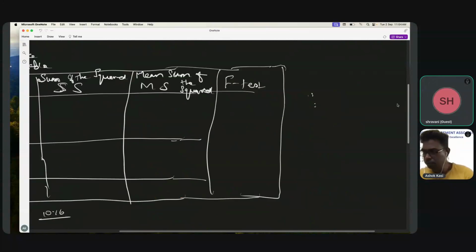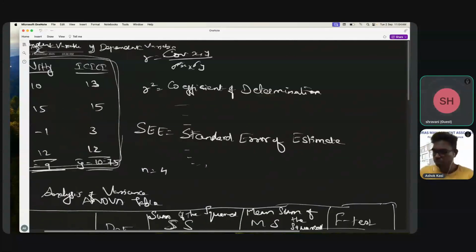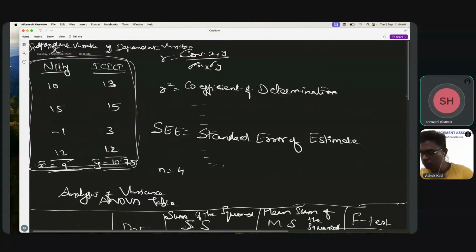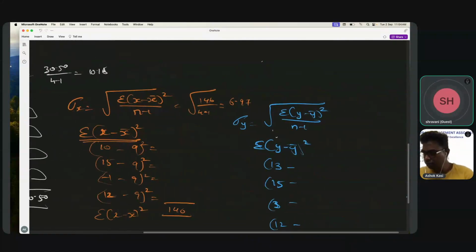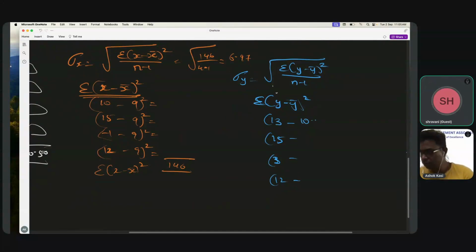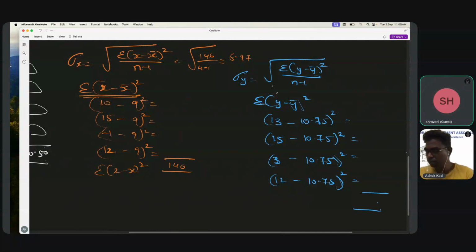Y bar is 10.75. Calculate all this. 84.75.